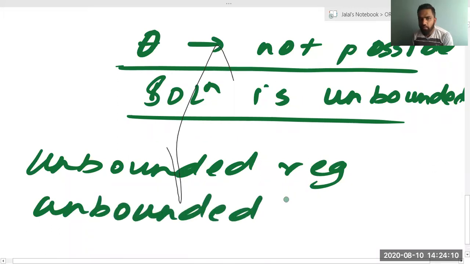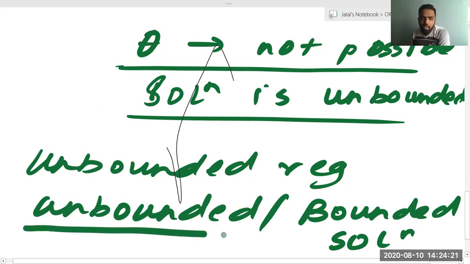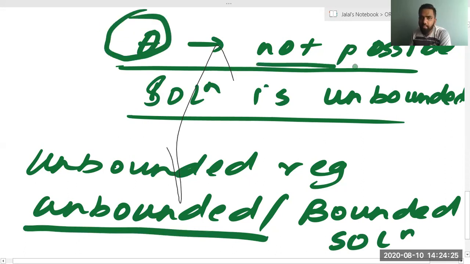I have explained from the graph what you mean by unbounded or bounded solution. If there is maximization in an unbounded region, it will always turn into an unbounded solution, which is the reason you get that theta is not possible.